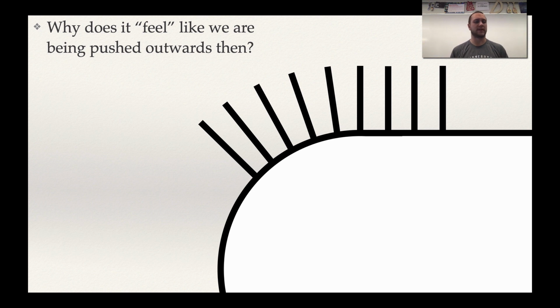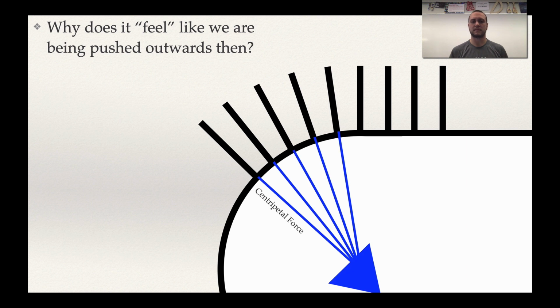So when you're in a vehicle that takes a sharp turn and you feel yourself being thrown outwards, I'm going to use quotes there, to the side of the vehicle, you're not being thrown outwards. The vehicle is turning and your mass is still going straight, causing there to be a collision. So that centripetal force, again, at each one of these locations is pulling inward. Your motion is attempting to go in a straight line.